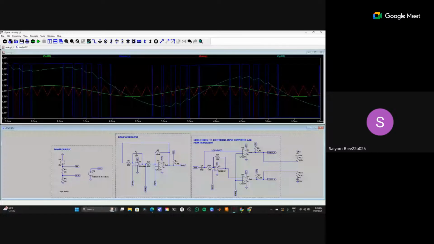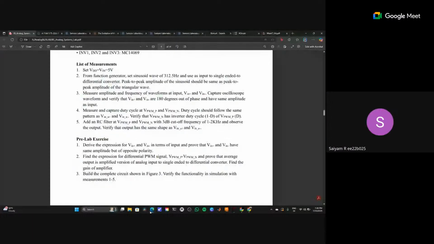What is your cutoff frequency for the low pass filter? Cutoff frequency, I have to check actually. 10 nano. Yeah, it is mentioned here. The cutoff frequency I can choose from 1 kilohertz to 2 kilohertz.